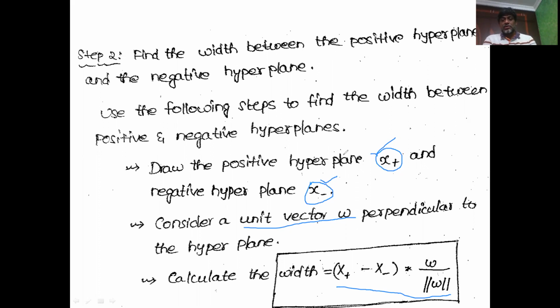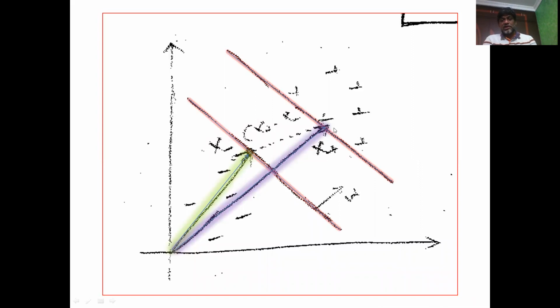So this formula is used for calculating the width between positive and negative hyperplanes. And how do we get this? Let us go through the diagram. This is called the positive hyperplane, so this represents x plus, and this represents x minus.